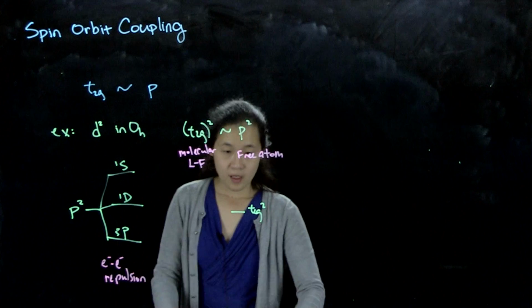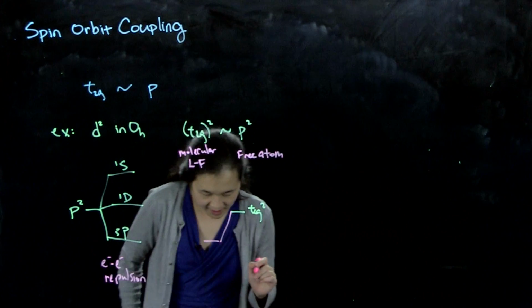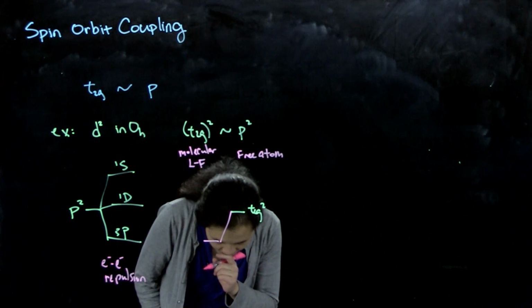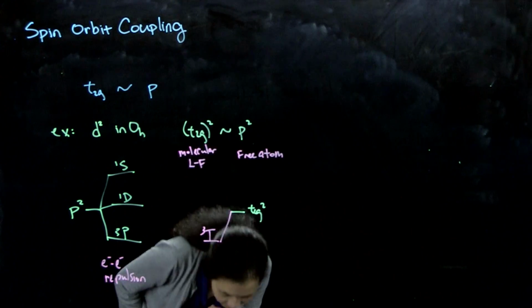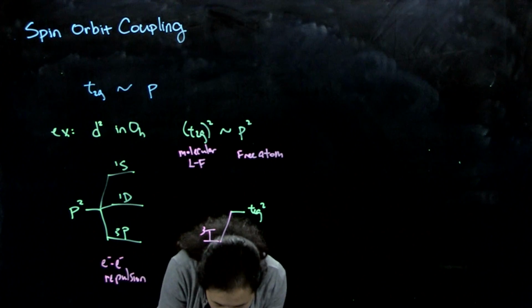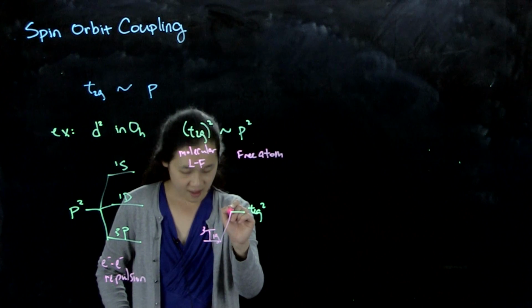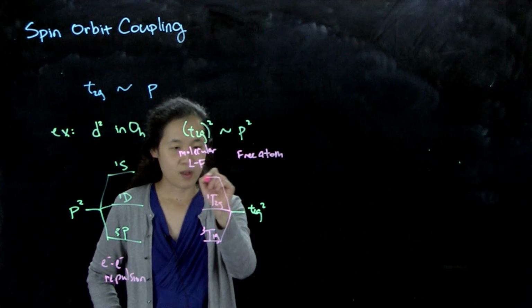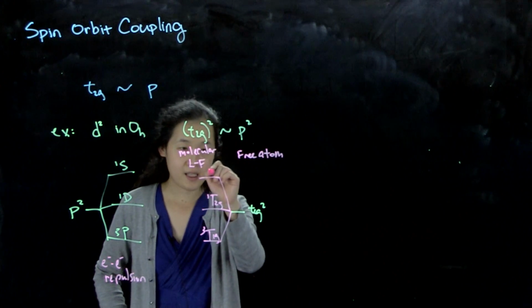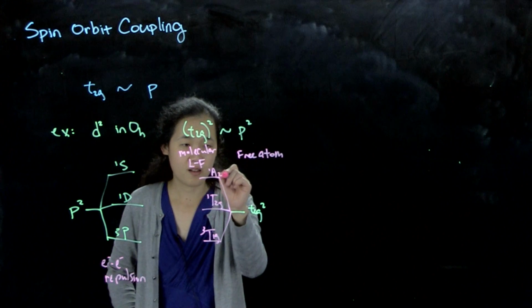We did this already in class, so suffice it to say this ground state was triplet T1g. Then we had our singlet T2g, and up here we had singlet A1g.